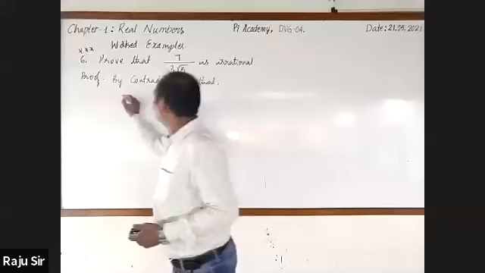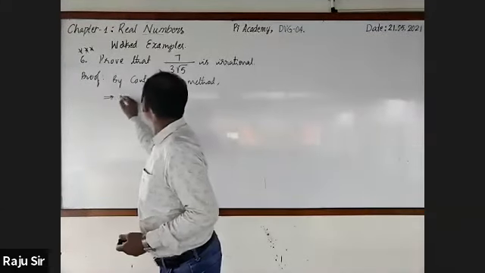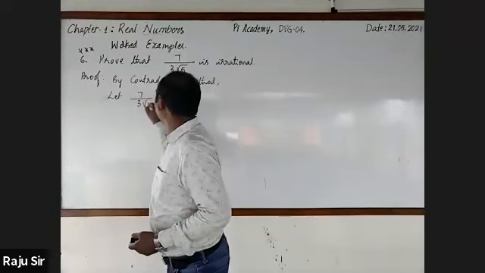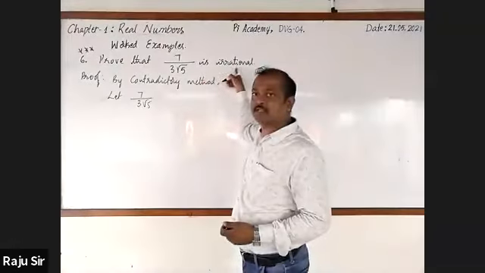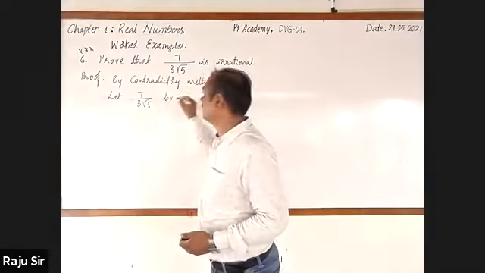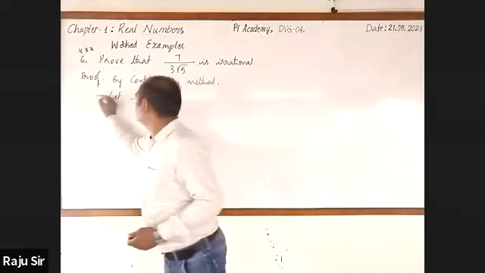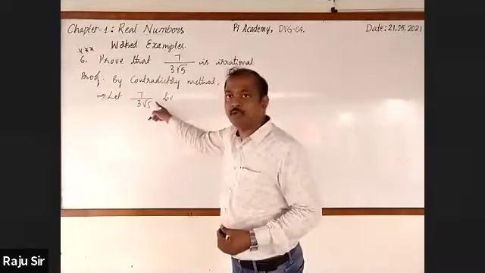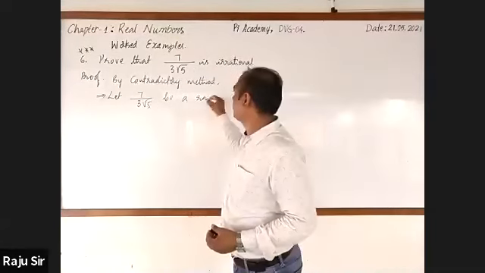Right. The given number is 7 by 3 into root 5. It should be proved as irrational. Hence, we have to assume this as rational. Let 7 by 3 into root 5 be a rational.